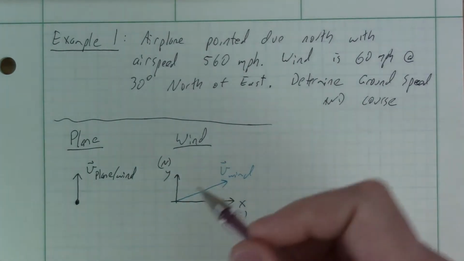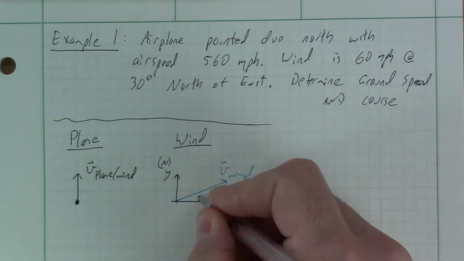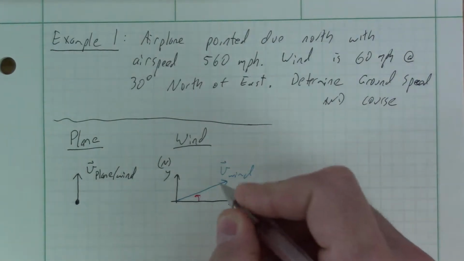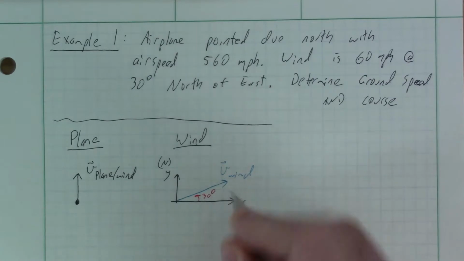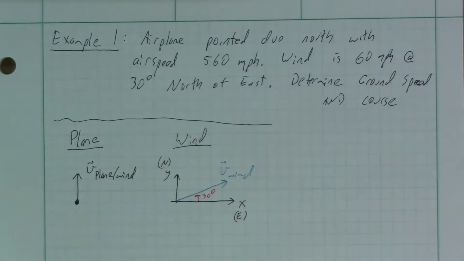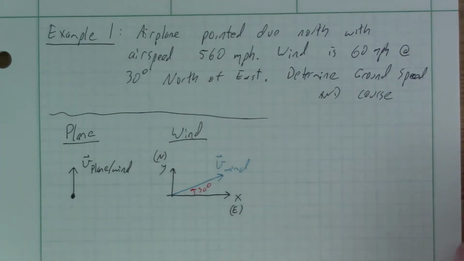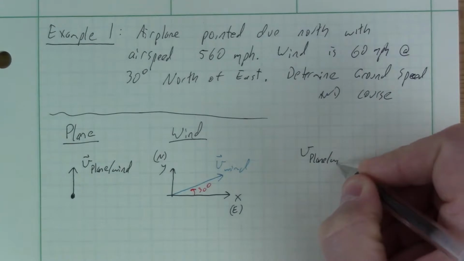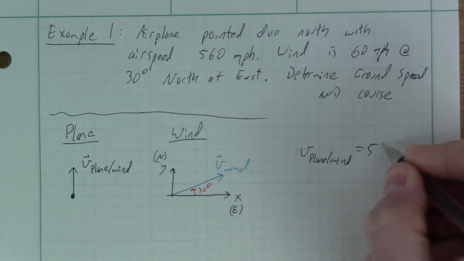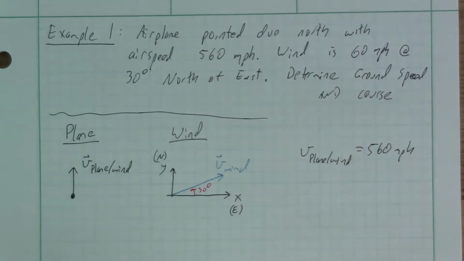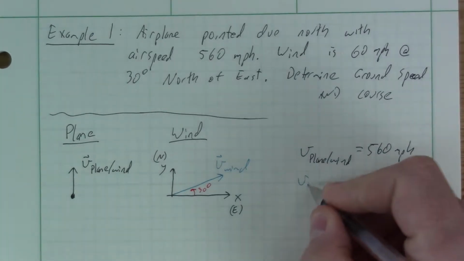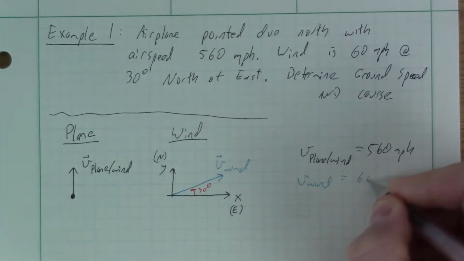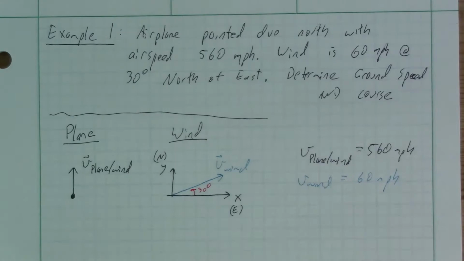So the reference frame in which the plane is moving is heading off in that direction, okay? And then let's add in the actual speeds. The velocity of the plane with respect to the wind, not the vector, we're just talking about the speed, is 560 miles per hour. And then the velocity of the wind itself is 60 miles per hour.